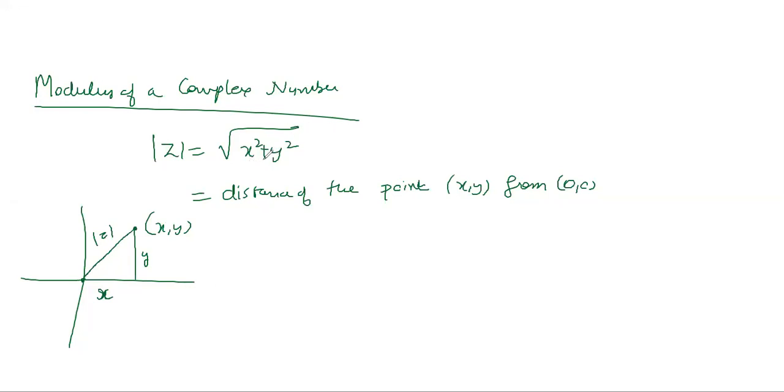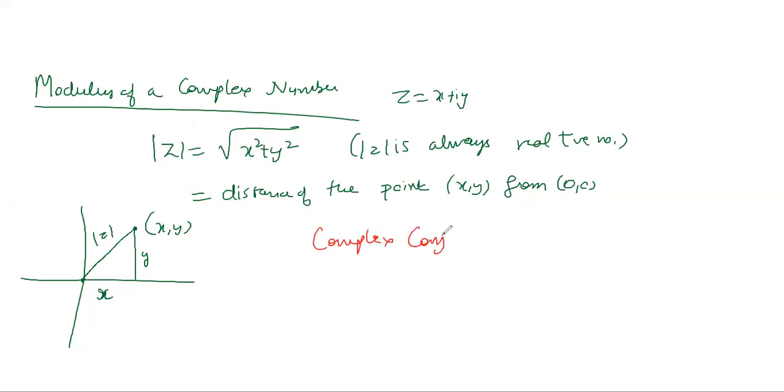For any complex number x plus iy, its mod is always going to be a real positive number, because it's always the square root of this one.